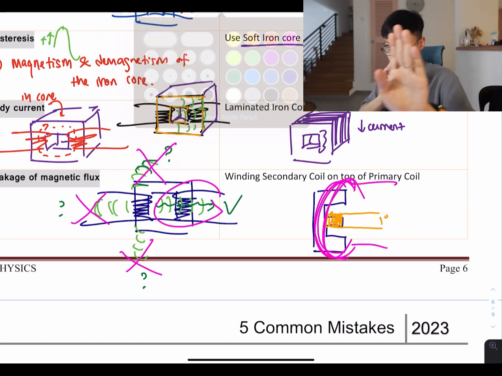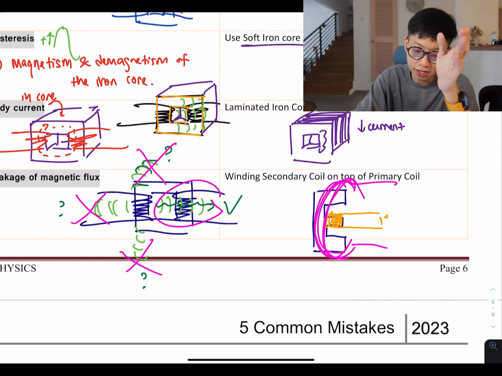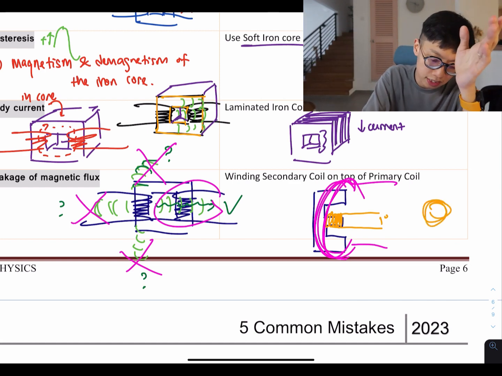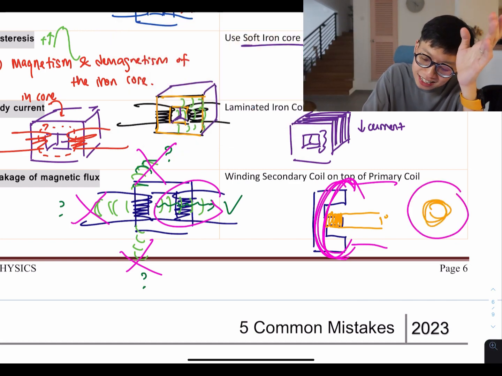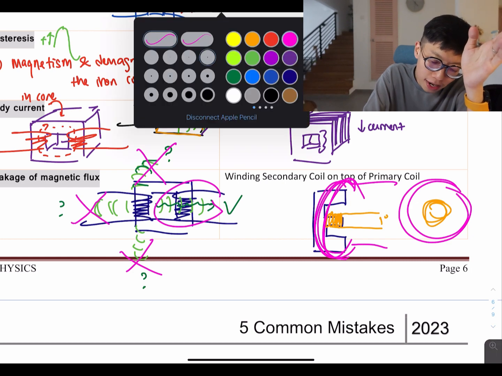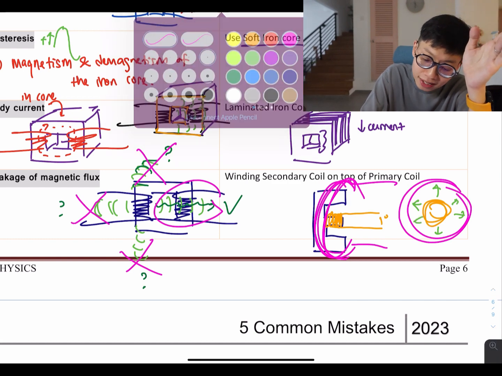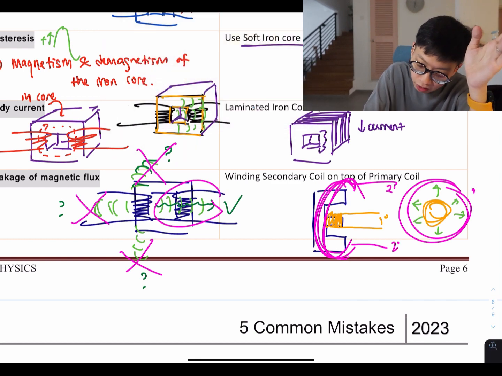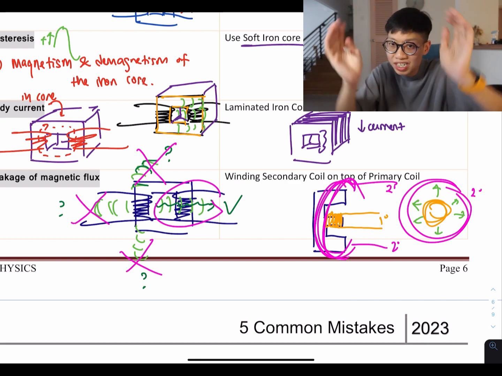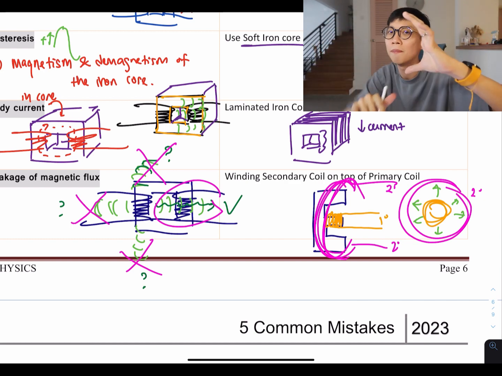If you see it from the side, but if you see from the middle, the orange color is inside, the pink color is outside. So no matter where your orange primary coil sends the magnetic field, your outside pink secondary coil is already ready to capture the magnetic field in 360 degrees.